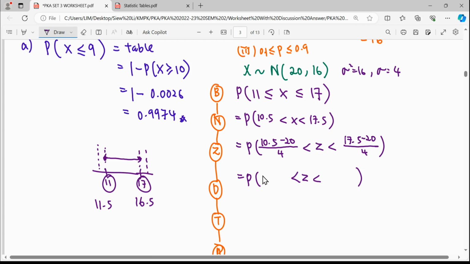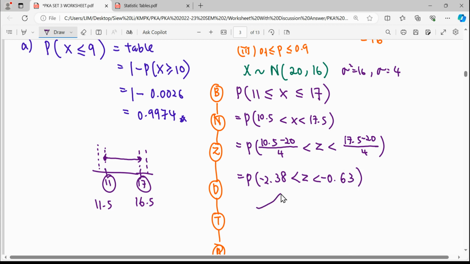Then we get negative 2.375, and then this one is negative 0.625. We get 2.38 and 0.63, 2 decimal places only, in the normal table.